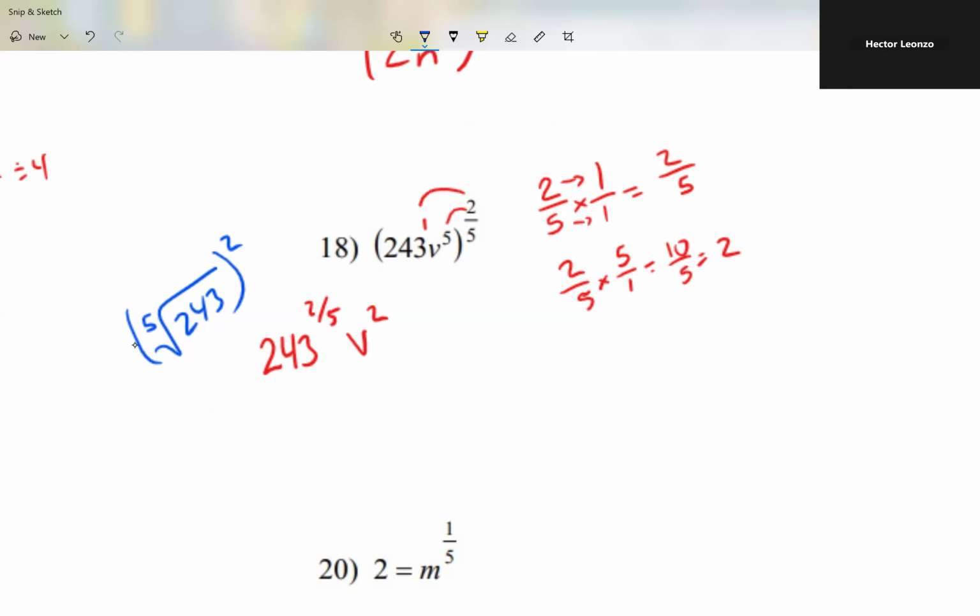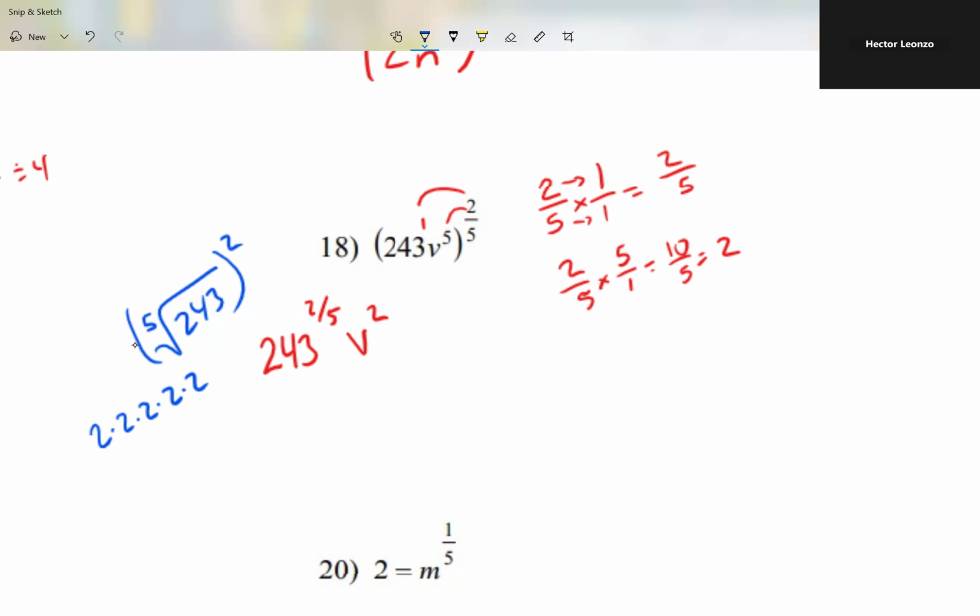Let's try, will it be 2? So 2 times 2 times 2 times 2 times 2, right? A number multiplied 5 times equals 243. Grab a calculator if you need to. 2 times 2 times 2 times 2 times 2, that's not 243, right? It gave me 32.